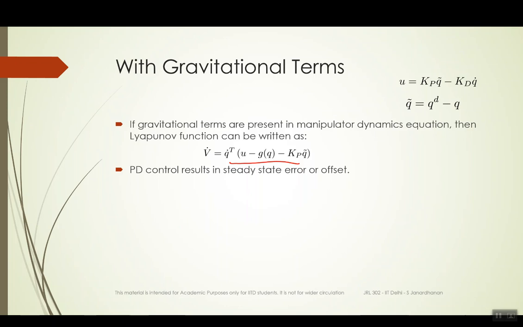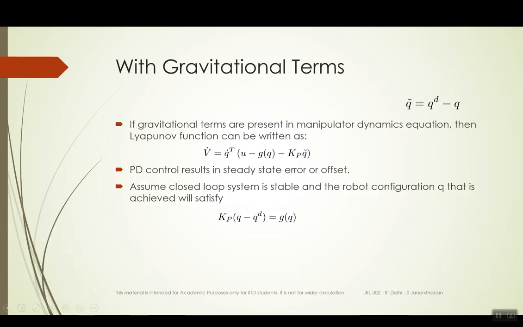Okay, now what this would mean is that after application of the PD control, v dot equals 0 when this happens.